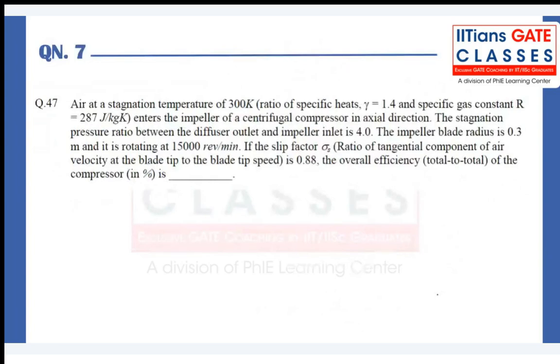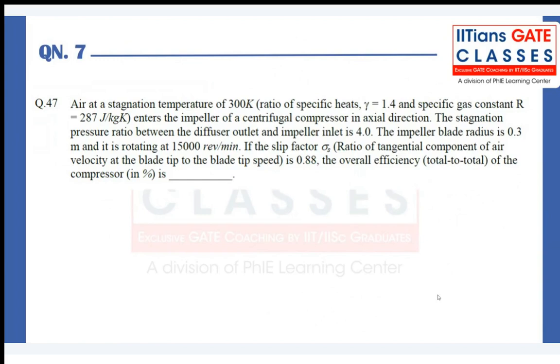Air at a stagnation temperature of 3000 Kelvin, with properties of air given as ratio of specific heats gamma of 1.4 and specific gas constant R of 287 joules per kg Kelvin, enters the impeller of a centrifugal compressor in the axial direction. The stagnation pressure ratio between the diffuser outlet and the impeller inlet is 4.0.